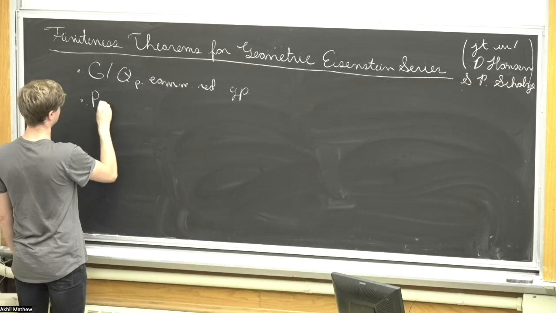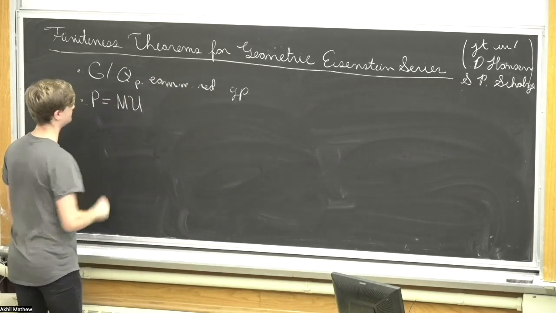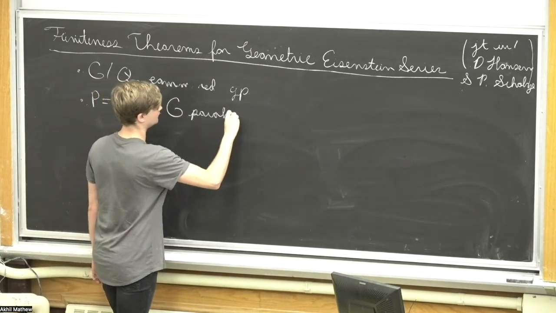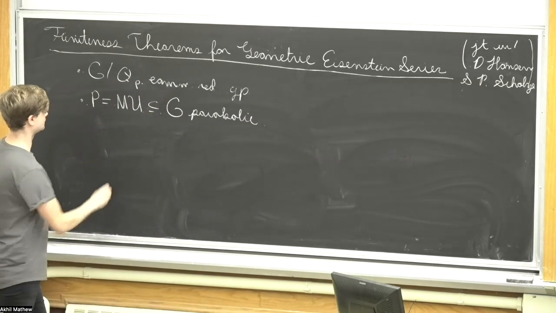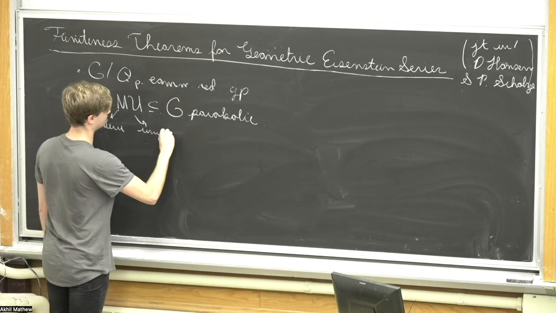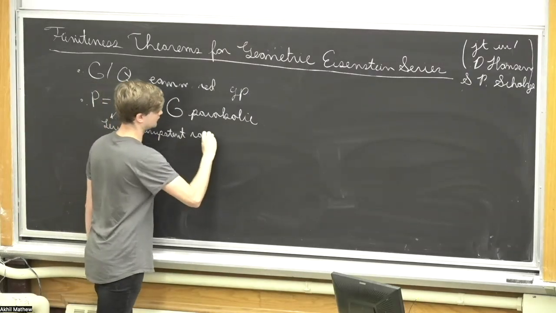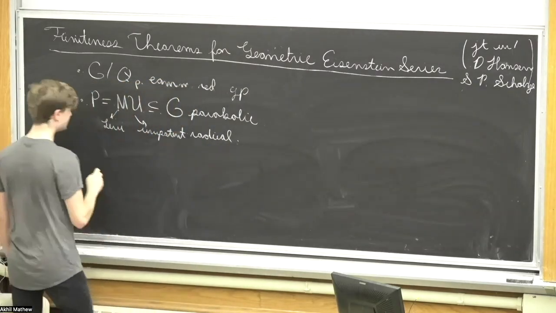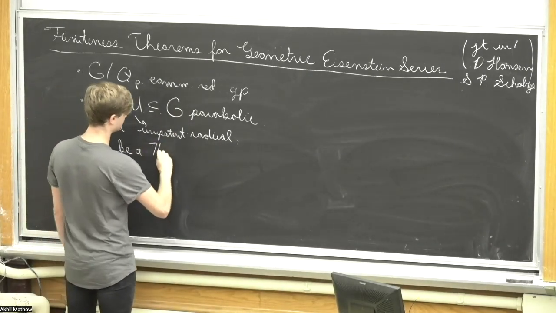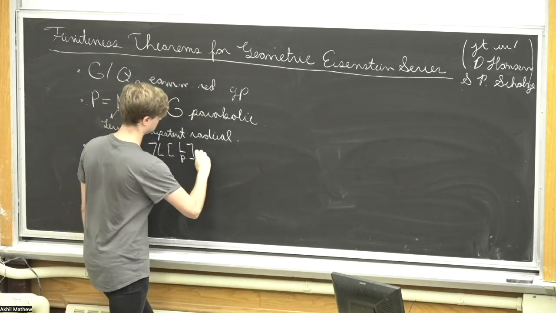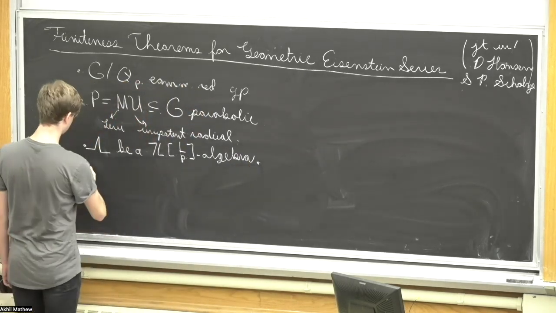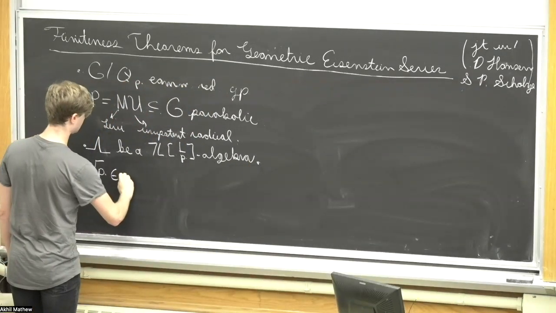I'm going to take P to be some parabolic subgroup sitting inside there, which has a Levi decomposition into its reductive part, its Levi quotient M, and its unipotent radical, which we'll denote by U. And then for coefficients, I'll take lambda to be, at least for now, a Z[1/p]-algebra. And inside lambda, let me fix a square root of p.